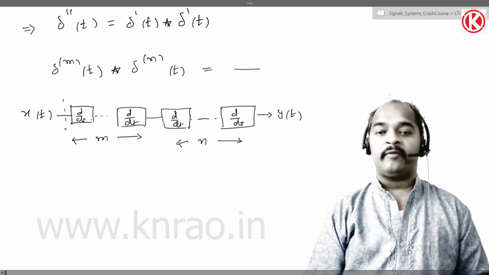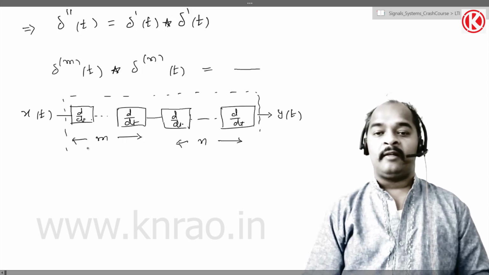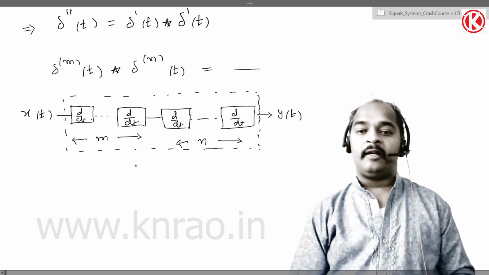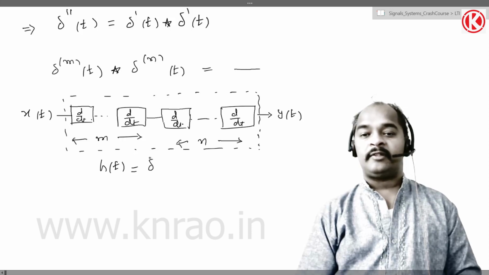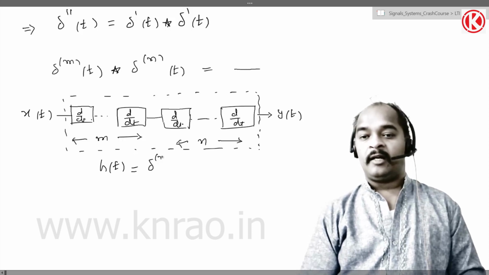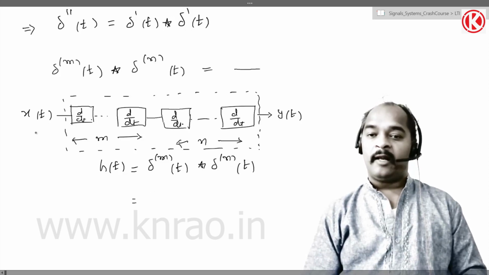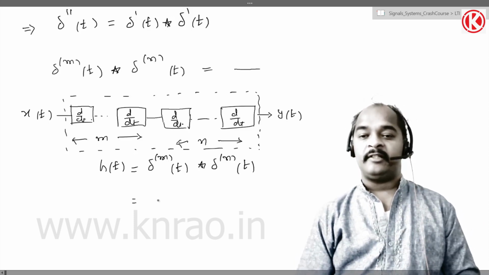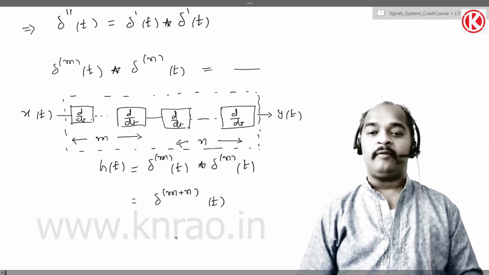So what will be the overall impulse response here, with the previous argument we have made? You will get h of t equal to delta power m of t convolved with delta power n of t. But we know that we have m plus n differentiators in cascade, and hence the final answer is delta power m plus n of t.